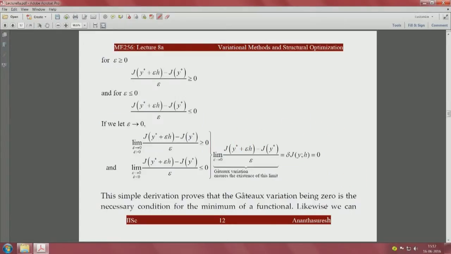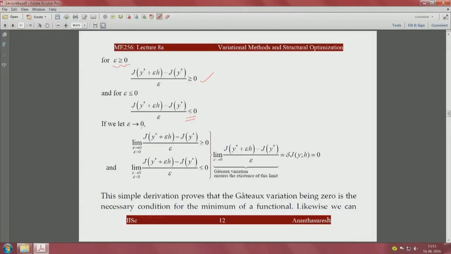So, what we do here is that for epsilon greater than or equal to 0, we want the numerator part of it to be greater than or equal to 0. If I divide by epsilon, when epsilon is greater than 0, this is true. When epsilon is less than or equal to 0, this portion will be less than or equal to 0, because the numerator is positive, denominator is negative or non-positive, it will be less than or equal to 0.